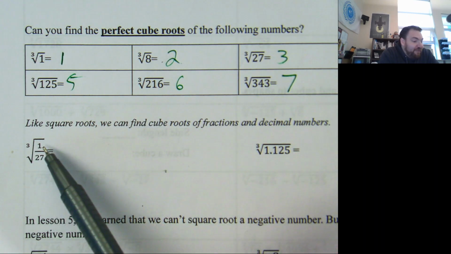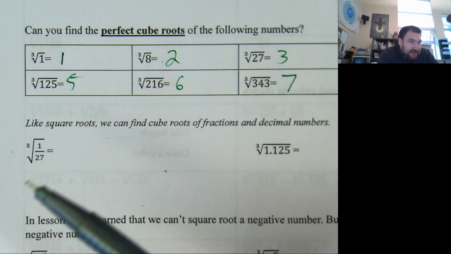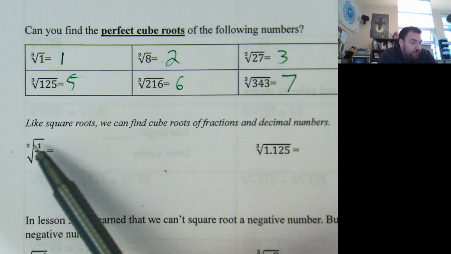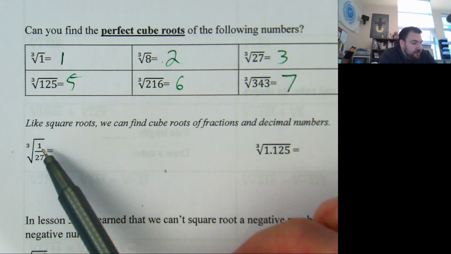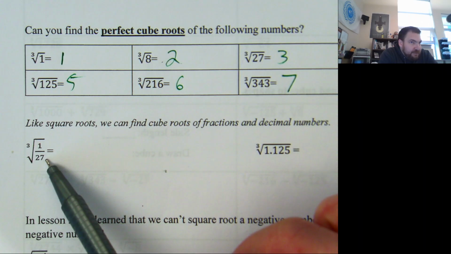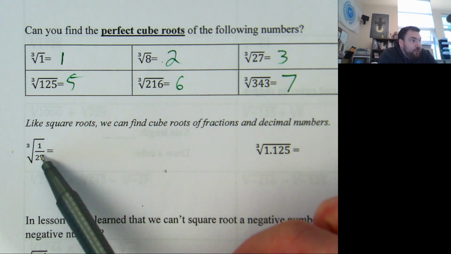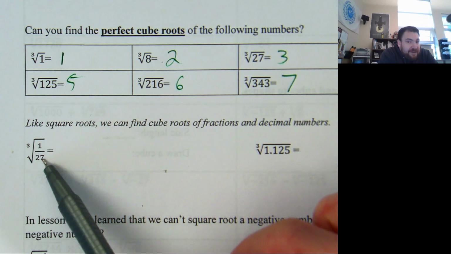So the cube root of 1 over 27 is, we're doing it the same way we did the fractions and the square roots. When we had the square roots, we wanted to know, is the numerator a perfect square? Is the denominator a perfect square? When we're taking cube roots, I want the same thing. Is the numerator a perfect cube? Is the denominator a perfect cube?